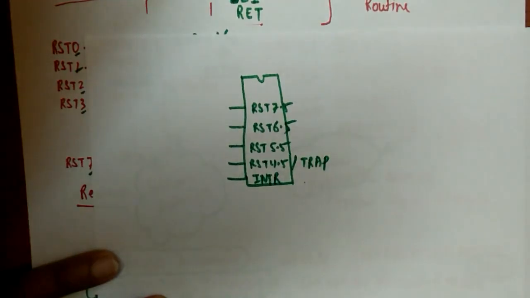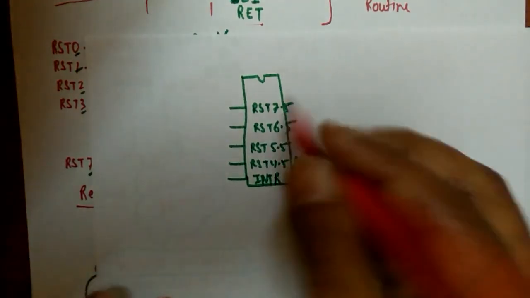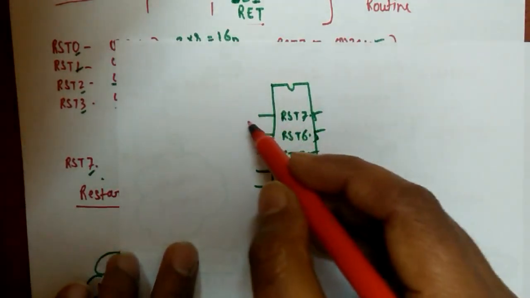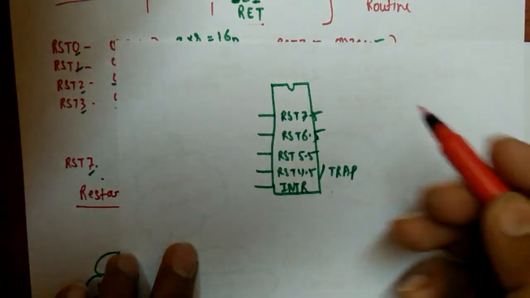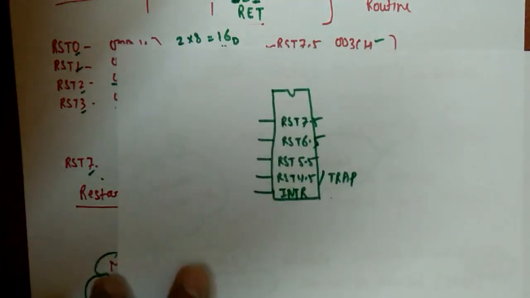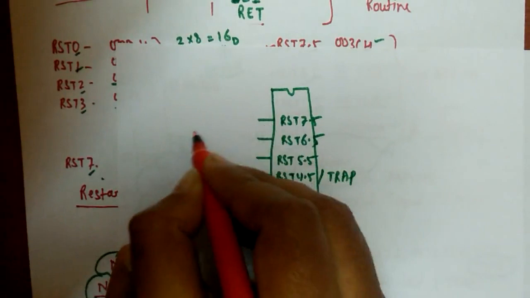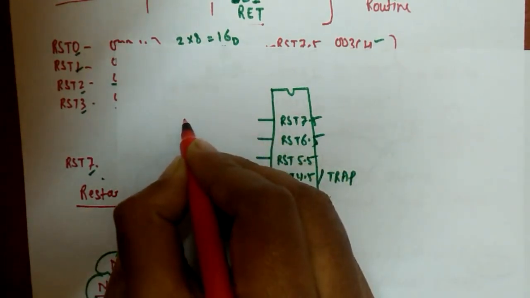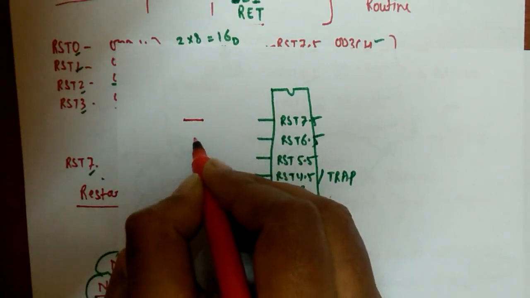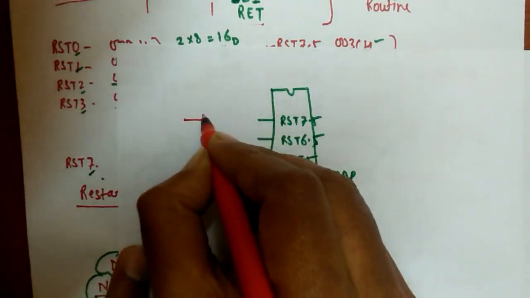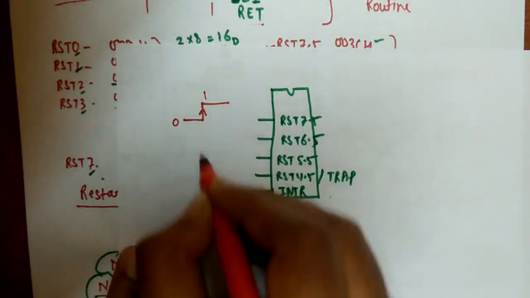Okay, so what type of signal changes must be there to initiate an interrupt service routine or interrupt process? For RST 7.5, at this pin of the microprocessor, the signal must at first be low, that means a 0 voltage must be there, and then there must be a transition from 0 to 1.